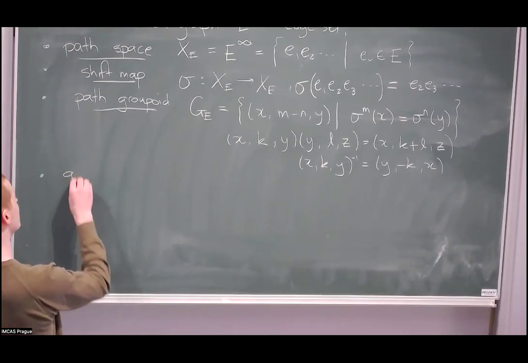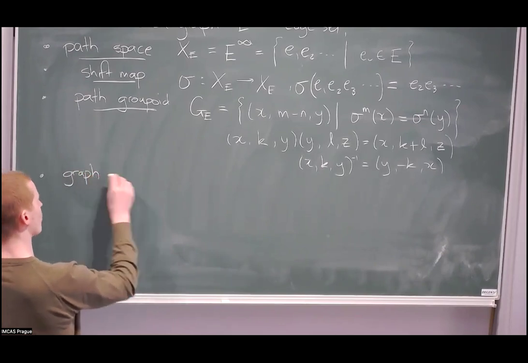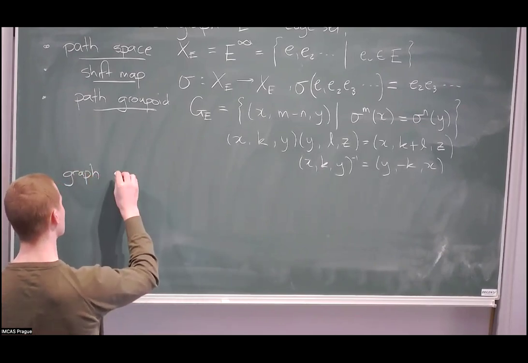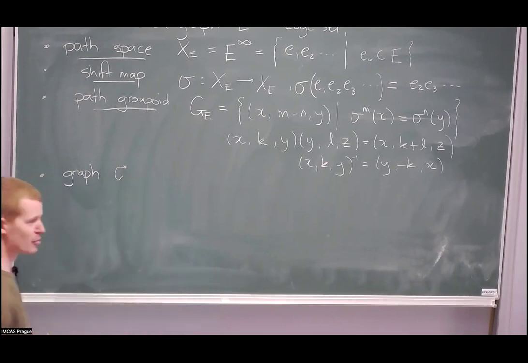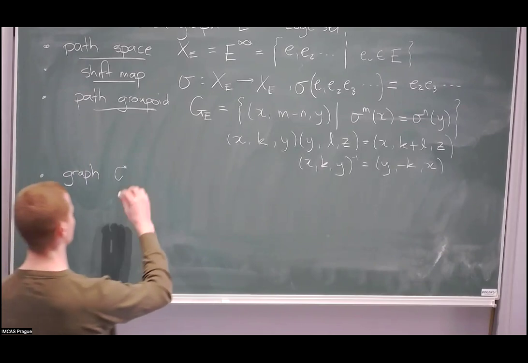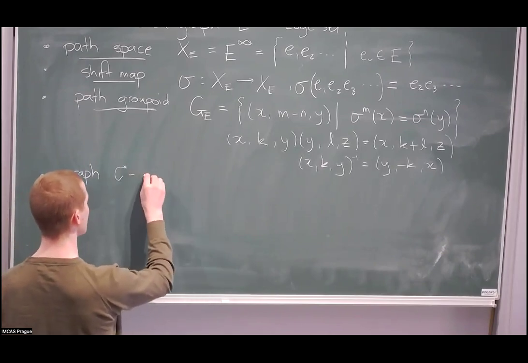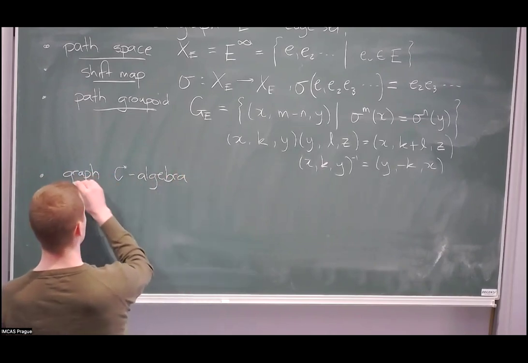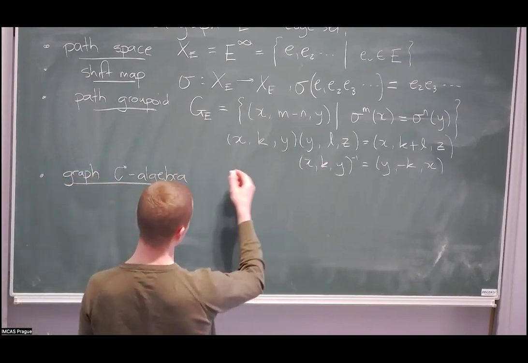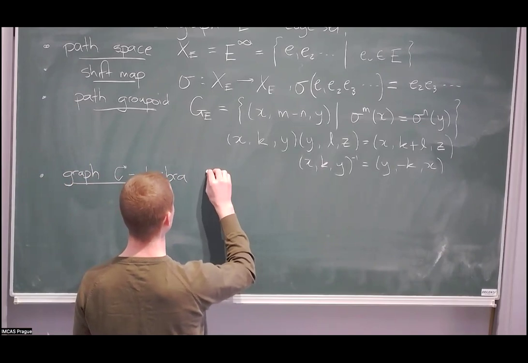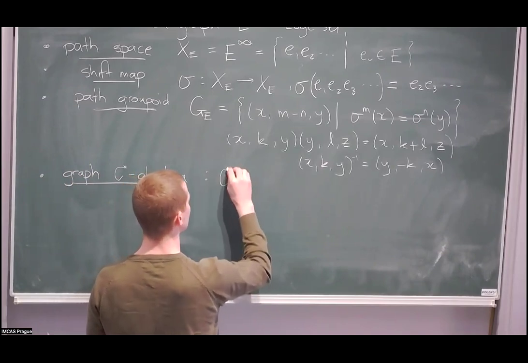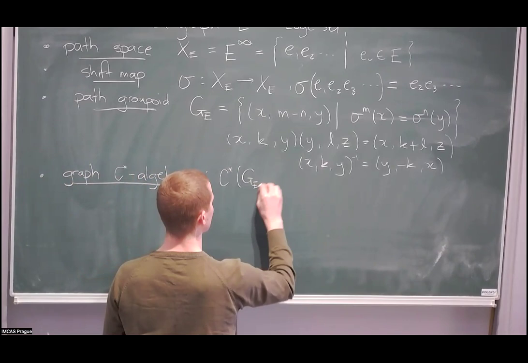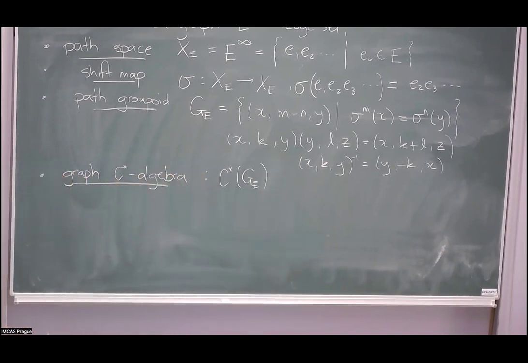One of the important papers showing us the graph approach to C-star algebras via groupoids, one of the seminal papers, is by Kumjian, Pask, Raeburn, and Renault, 1997, where they define the graph C-star algebra to be the C-star algebra associated to the groupoid.